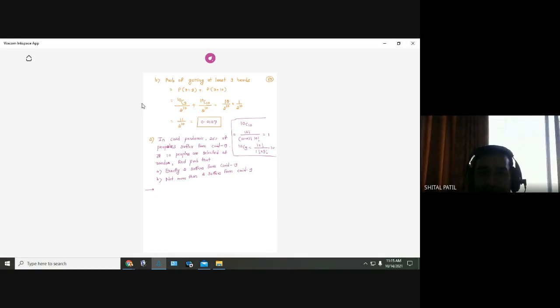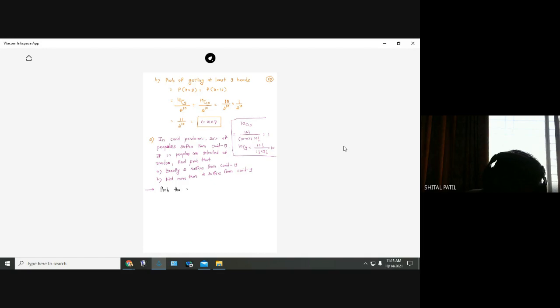We are finding probability for a particular person, and then we are applying it for whatever the number of persons is. Okay. So probability that a person will suffer from COVID-19 is, what is the probability that a person will suffer from COVID-19? 20%. So 20 divided by 100.